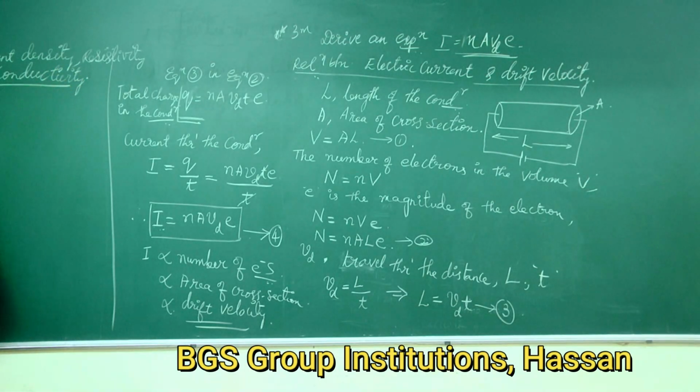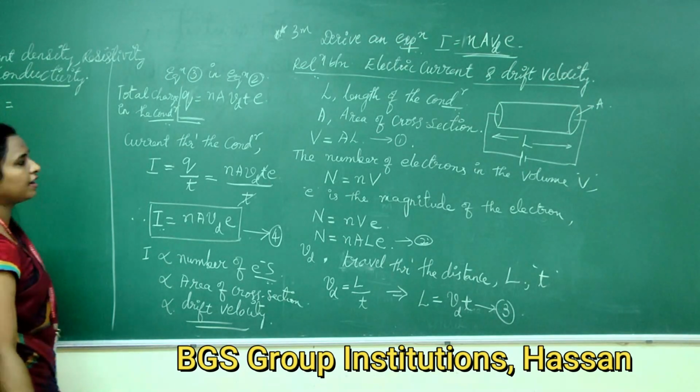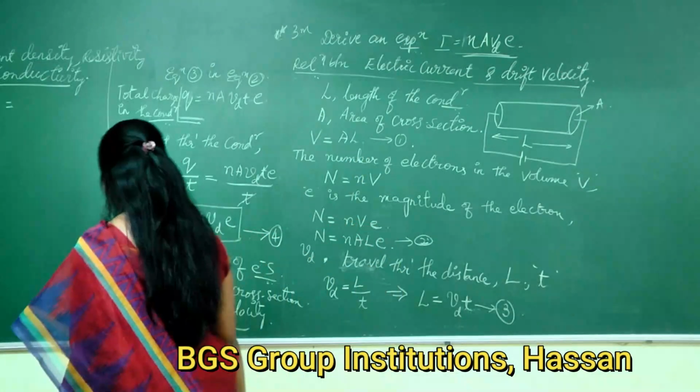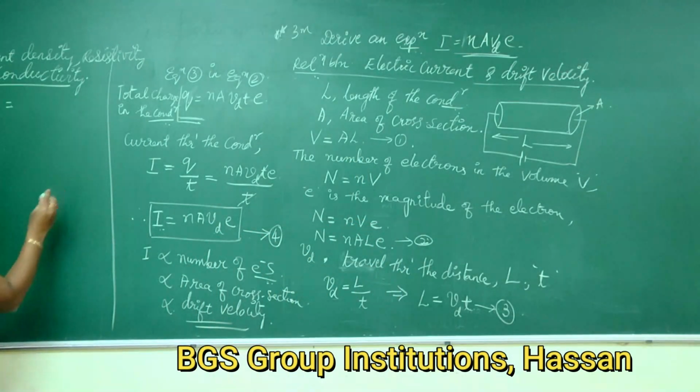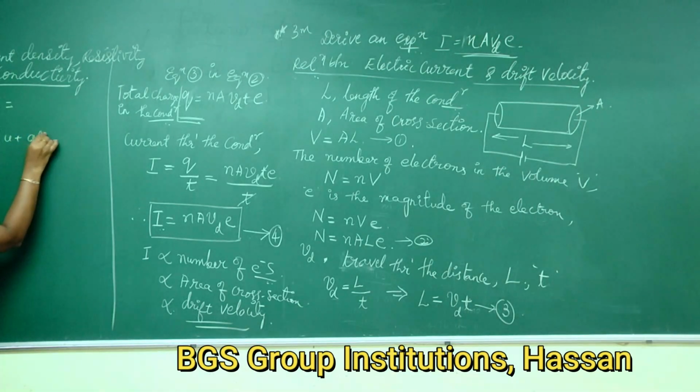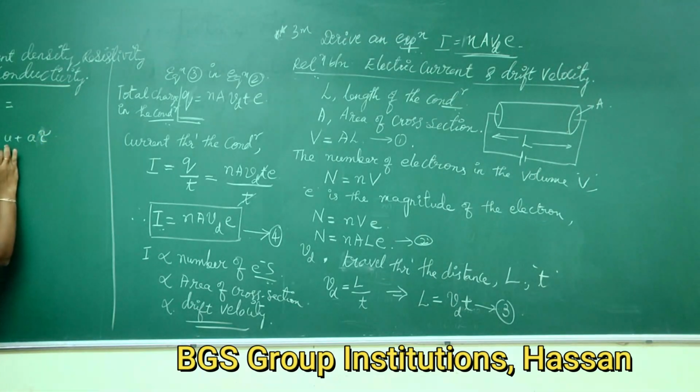For this, first write down the expression for drift velocity which we have already derived in the previous class. That is how we have derived it. Vd is equal to u plus a t, and this t we have taken as tau, and u is 0. Initial velocity is 0. So Vd is equal to a tau.